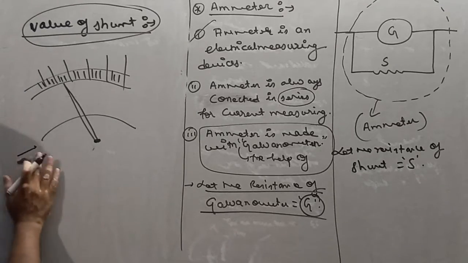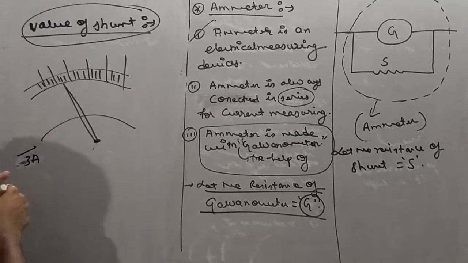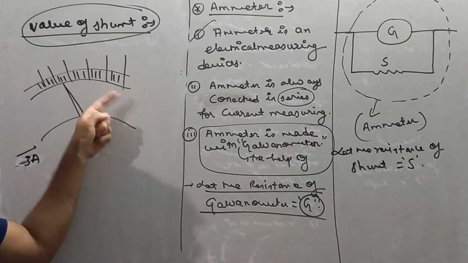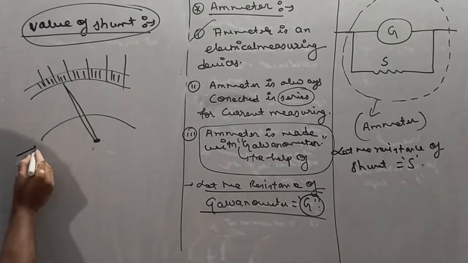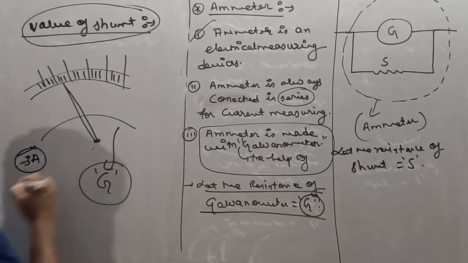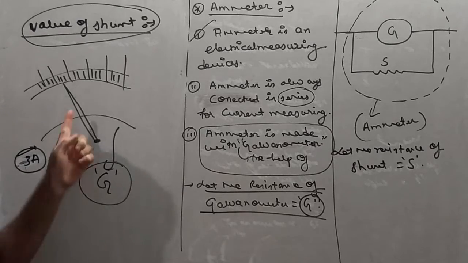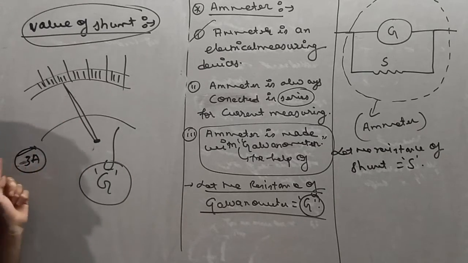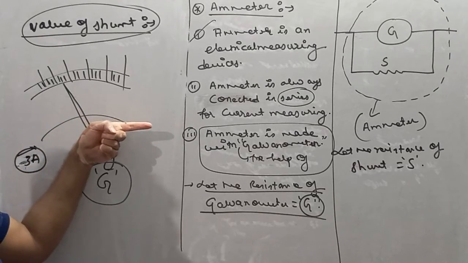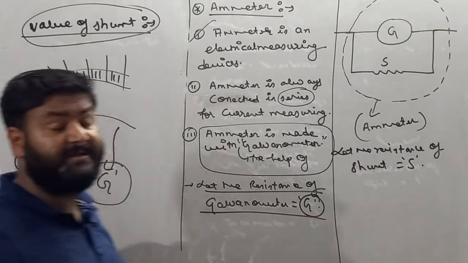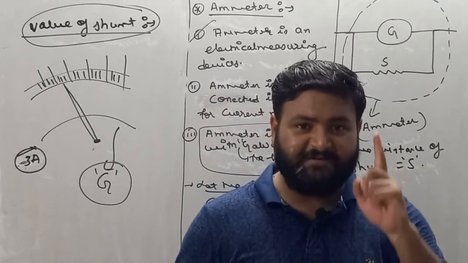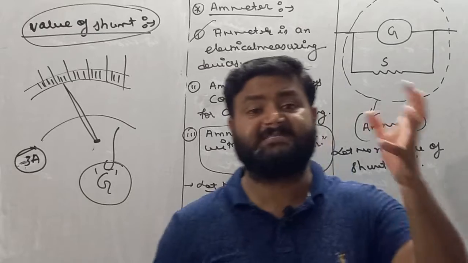Now I apply 3 ampere current, and the needle shows full deflection. So this 3 ampere is called the maximum deflection current. Every galvanometer has its own maximum.